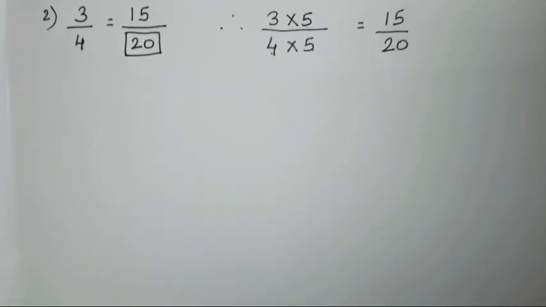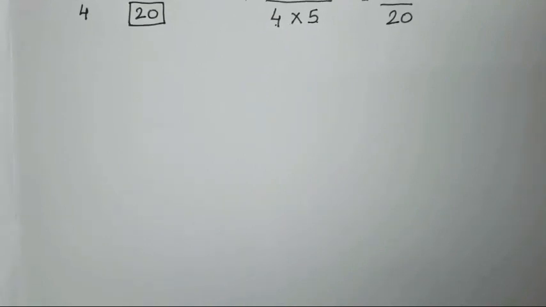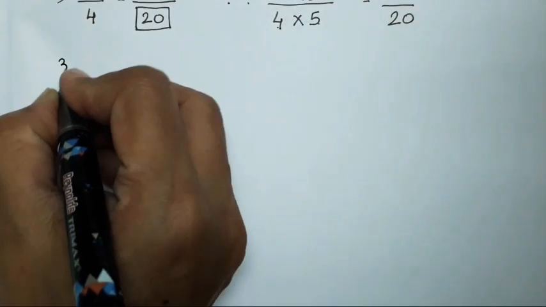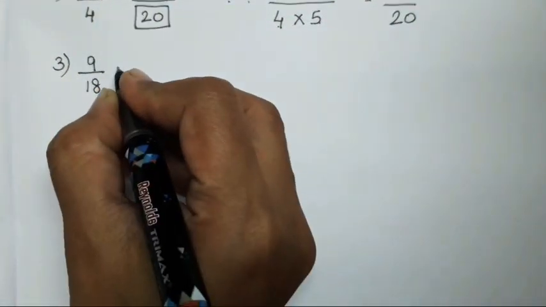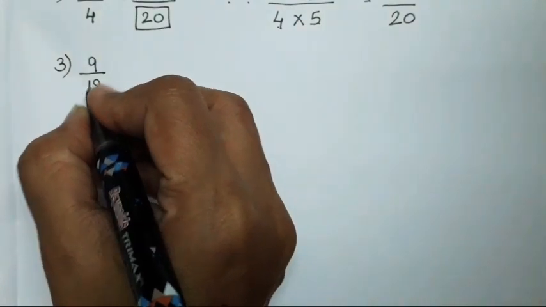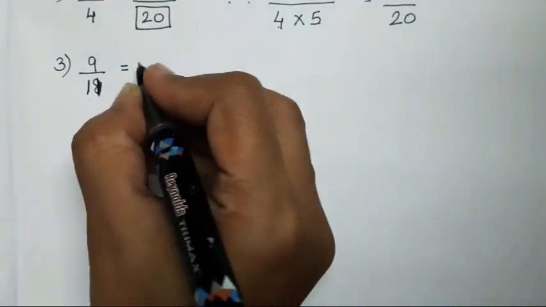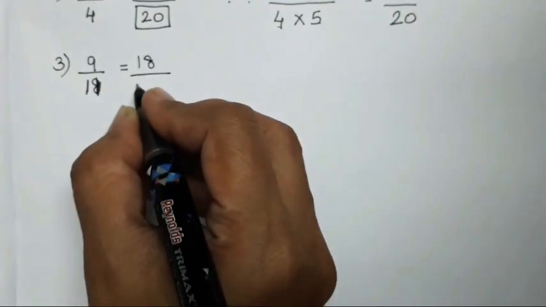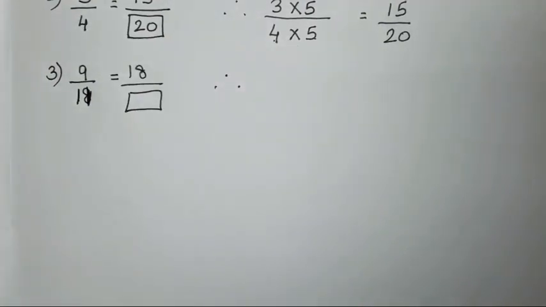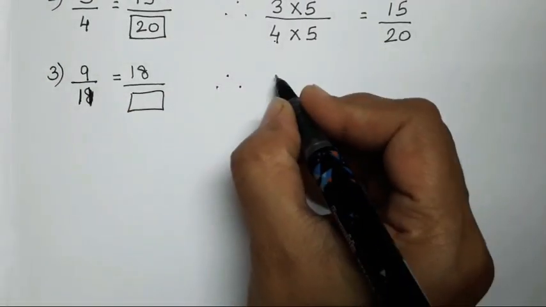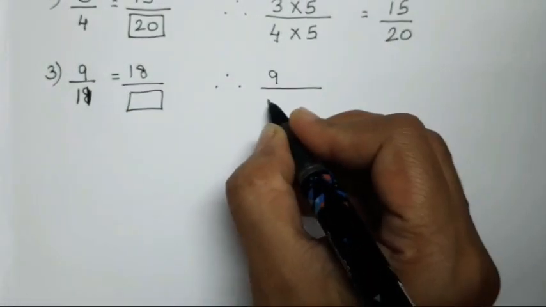It is very easy to solve. You all have to be able to just recognize which number you have to multiply. Let's solve the third sum, that is 9 upon 11 equals 18 upon dash. Sorry, 9 upon 11 is over here and 18 is over here. We have to again find a denominator. So how are you going to find it? Now in this sum you will see 11 has been given.